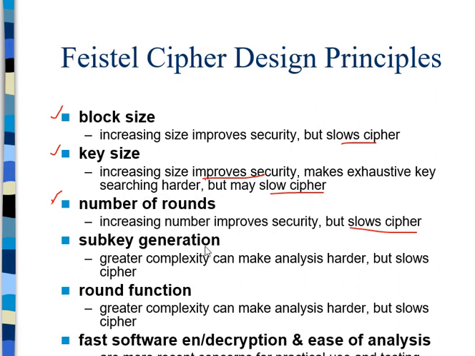Again, the complexity of making subkeys makes cryptanalysis much harder, but again slows the cipher. And greater complexity of the round function can make analysis harder but also slows the cipher.